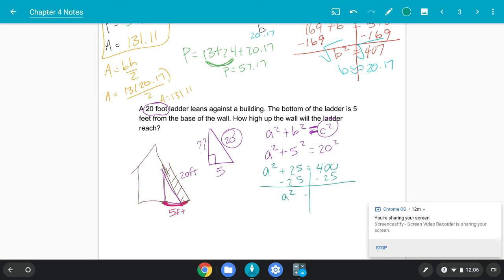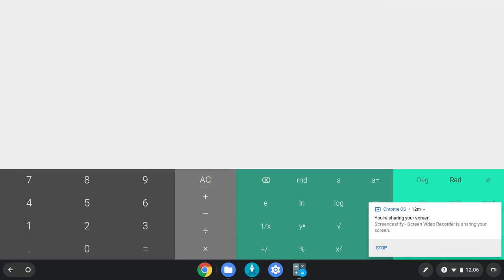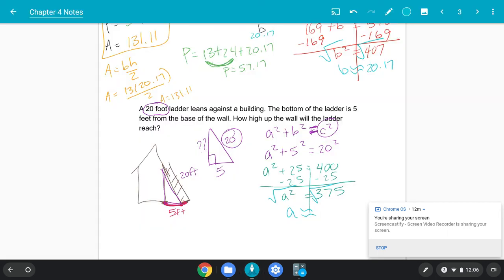We get a squared is 375. And then again, the last step is always square root. So you get a is about 19.36. The next number is a 4, so it's going to stay 19.36. So that means it's going to go up about 19.36 feet up the wall.